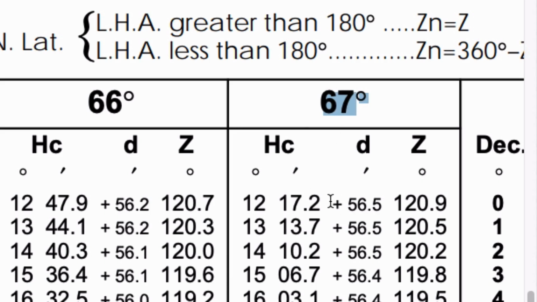So you're going to need D to interpolate between the values. That's called little d. And then Z is your azimuth. So HC is in degrees, minutes, and tenths, and then little d is in minutes and tenths, and then Z is in degrees and tenths. And then down the right-hand side we have declination.